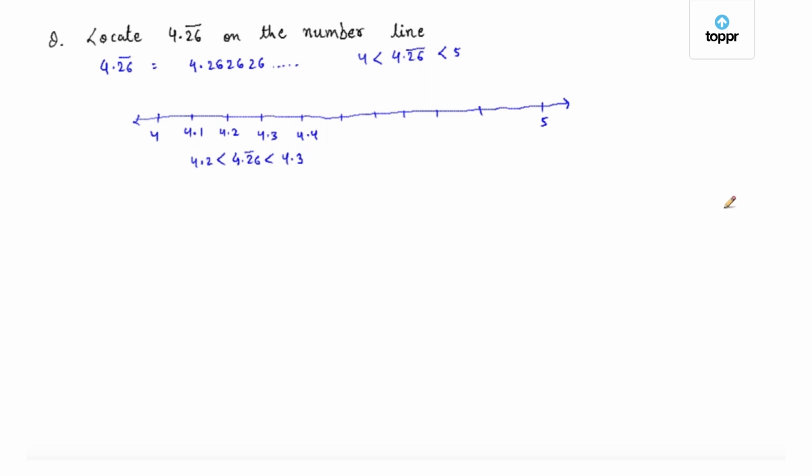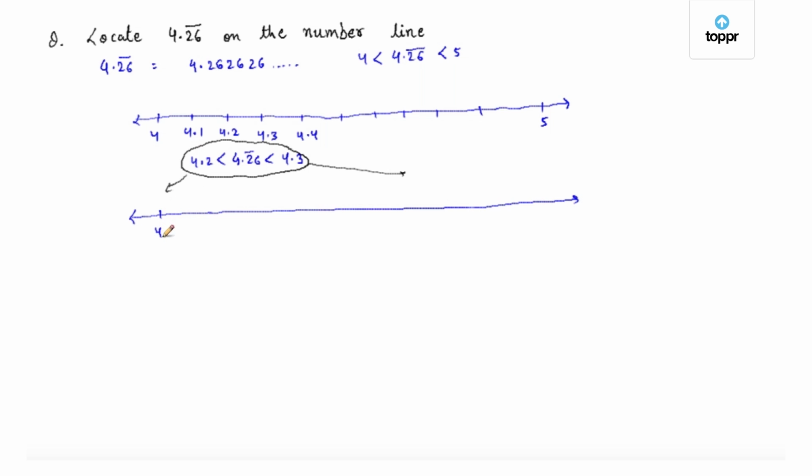So, we will again divide the portion between 4.2 and 4.3 into 10 equal parts, which will give us 4.2 and 4.3 at the extremes, and the portion between them will be divided as 4.21, 4.22, 4.23, 4.24, 4.25 and so on up to 4.29.